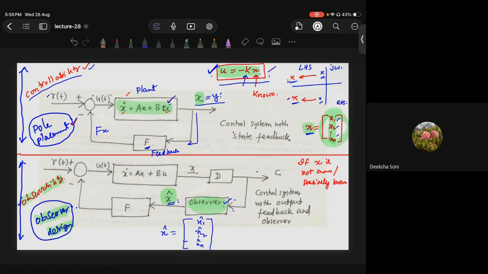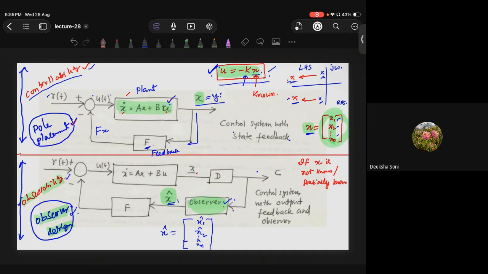To design the observer, first we ask whether we can observe, whether we can estimate. Because we are unable to measure, can we estimate? The answer will be given by the observability. Once the observability test says yes, then we can design the observer. Clear? So first, we check whether my complete x is available or not.